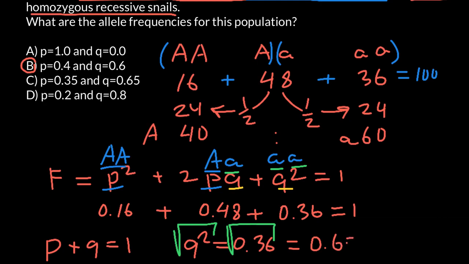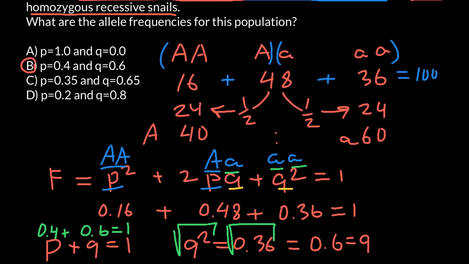This is the frequency of the allele Q. And now if we know that the frequency of the allele Q is 0.6, we instantly know that the frequency of the allele P would be 0.4. And again, this is answer B.